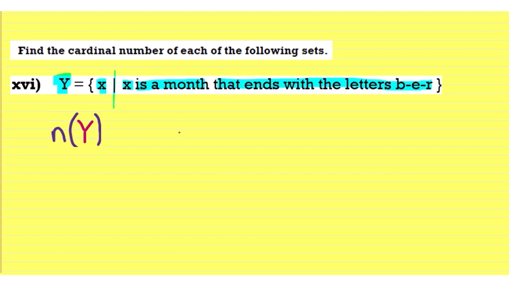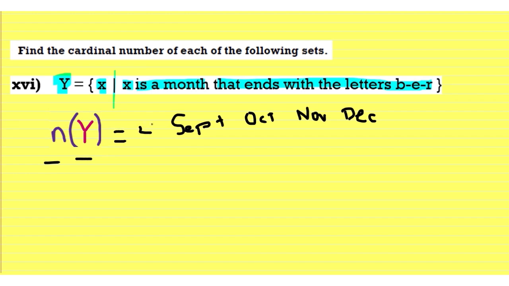January, February, March, April, May, June, July, August, September, October, November, and December. So there are 4 months that end with "ber": September, October, November, and December. So the cardinality of set Y is equal to 4.